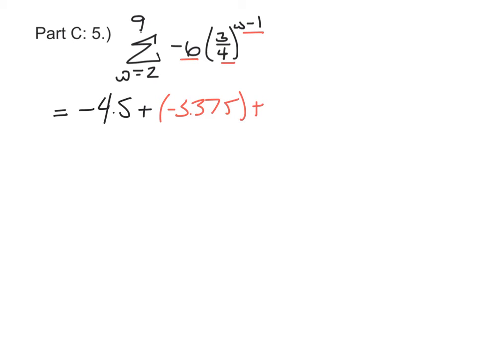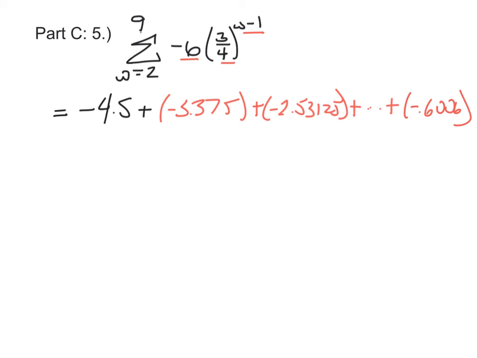And multiplying by 3/4 again, we get negative 2.53125. And we should keep on going until we get to the 9th term. That is negative 6 times 3/4 to the 9 minus 1, or the 8th power. When you plug that all in, you should get negative 0.600677490. It gets pretty big.